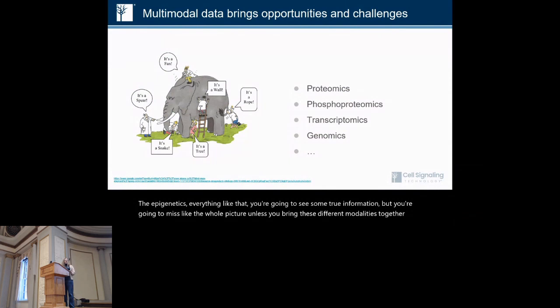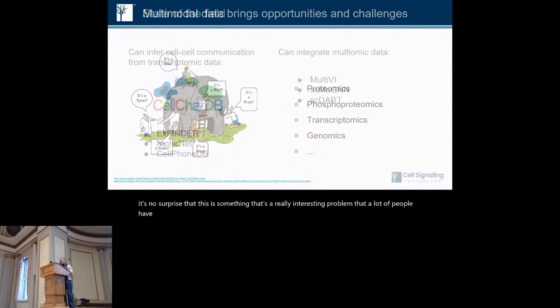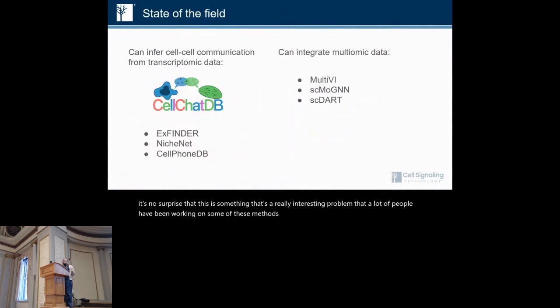So it's no surprise that this is a really interesting problem that a lot of people have been working on. Some of these methods have been mentioned today already, especially I think I heard some talk about CellPhoneDB or MultiVI.